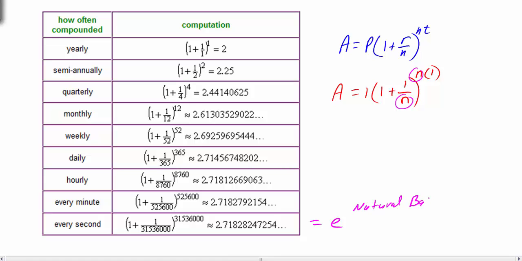So that shows you a little bit of a connection of where this natural base e is coming from. As we go through these calculations, we can see that it is approaching this decimal, like the same idea as when we talked about the Greek letter pi representing 3.14. Here, our natural base e is approximately 2.718.